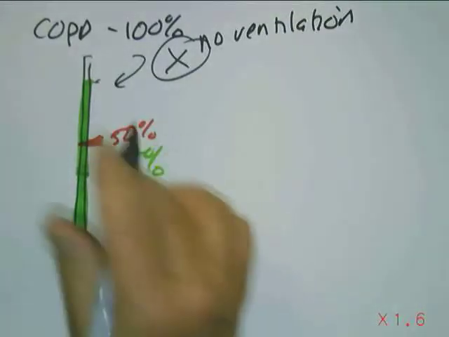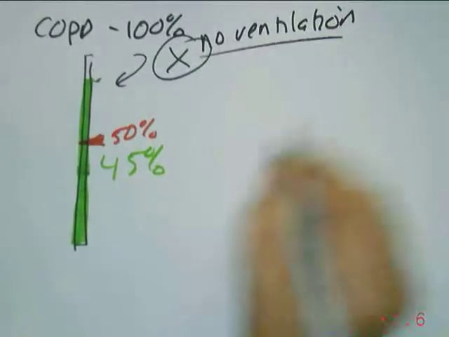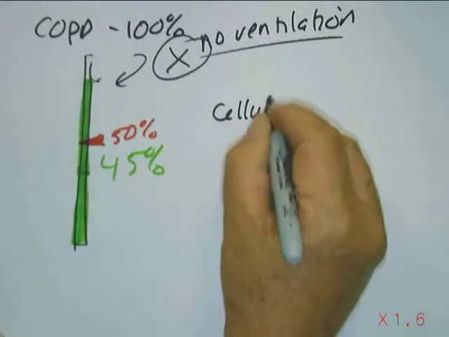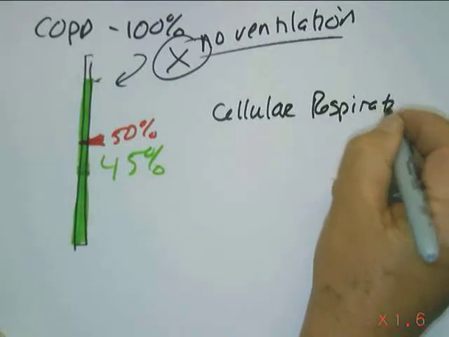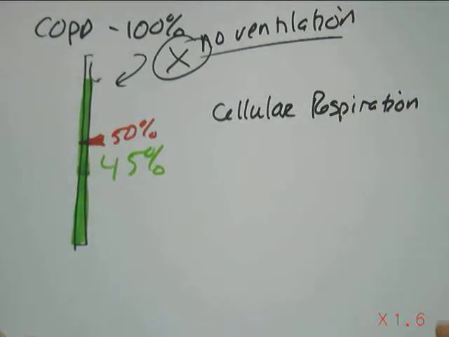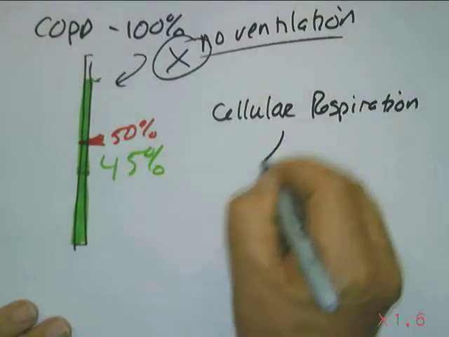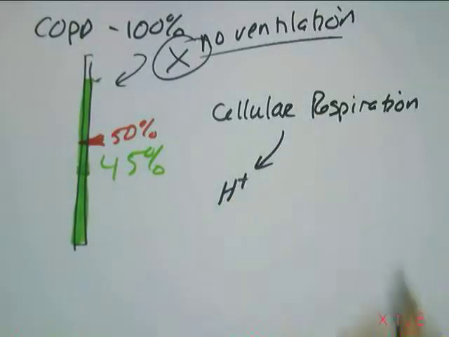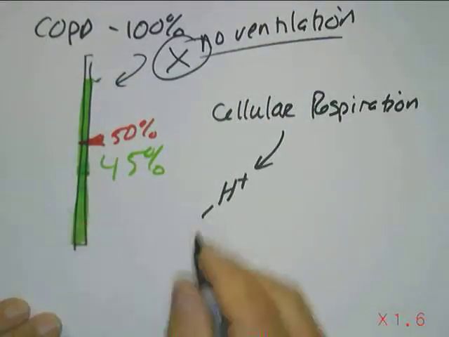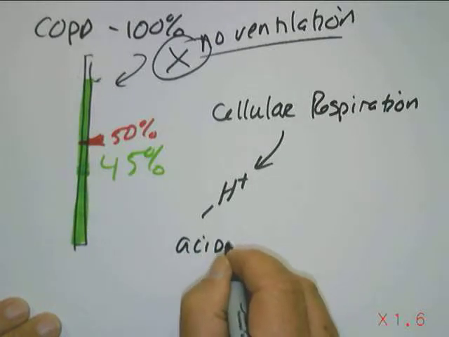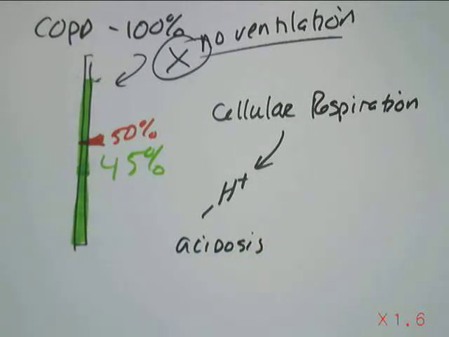The problem is, even though the ventilation is no longer occurring, cellular respiration is still occurring. The byproduct of that is hydrogen protons, which means as you're no longer ventilating, this individual's blood will become acidotic.